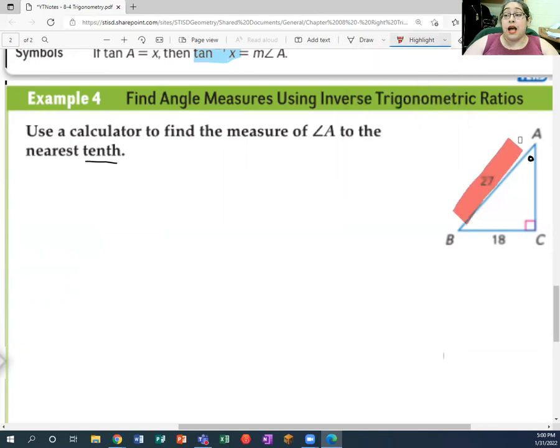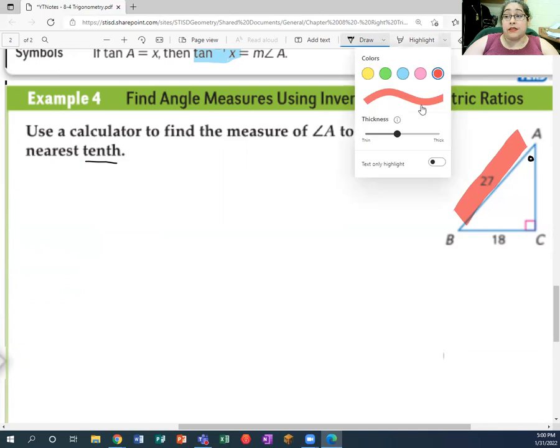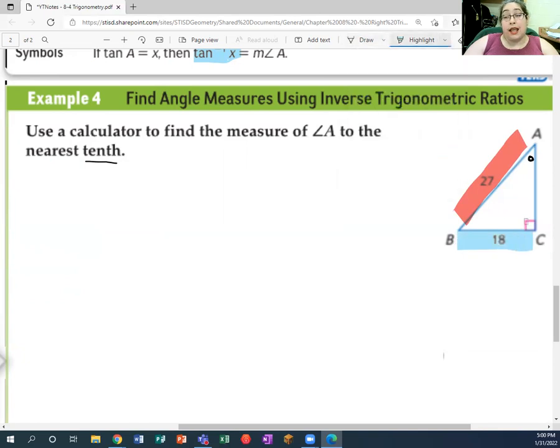I've been given the hypotenuse, and I've been given the side opposite angle A. Looking back at my little SOHCAHTOA thing, I need to figure out which of my trigonometric ratios I have the information for. Usually only one will present itself. If more than one presents itself, you can choose whichever one you want. I have the hypotenuse.